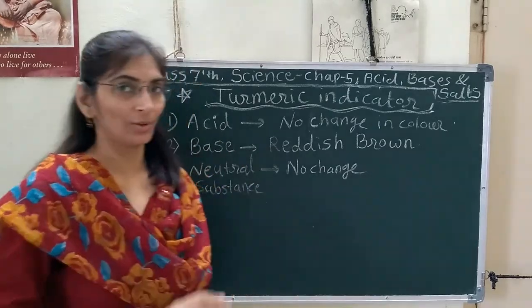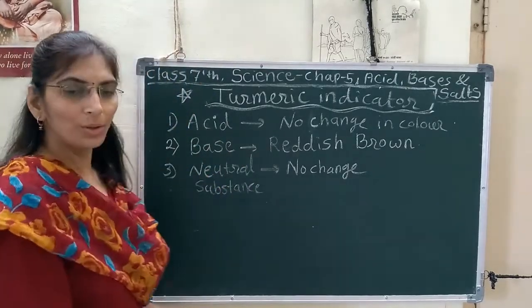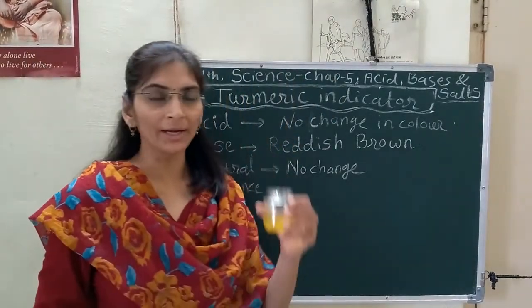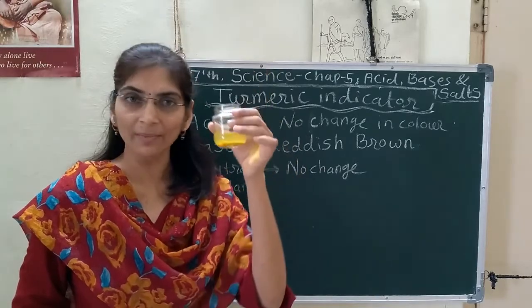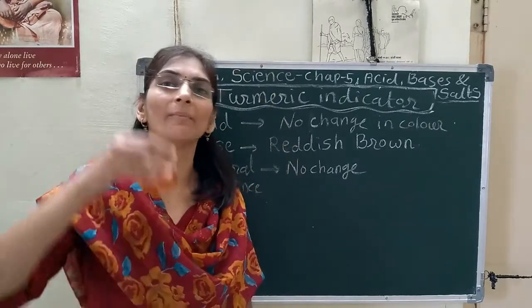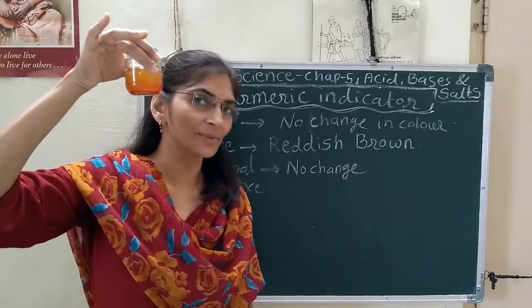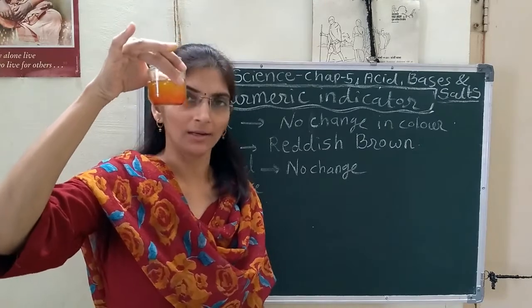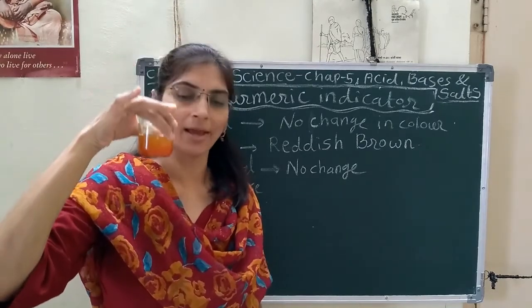Okay? So here we know that when turmeric indicator reacts with acidic medium, it will remain as it is, and when it reacts with basic medium, with basic substance, it will turn into reddish brown color. That you know very well.